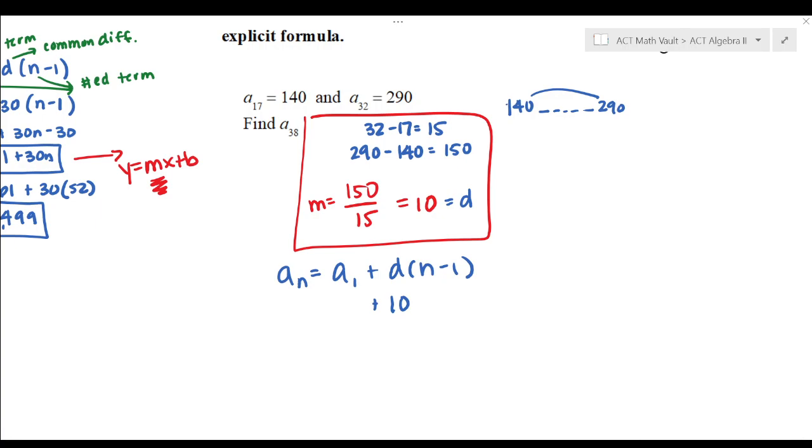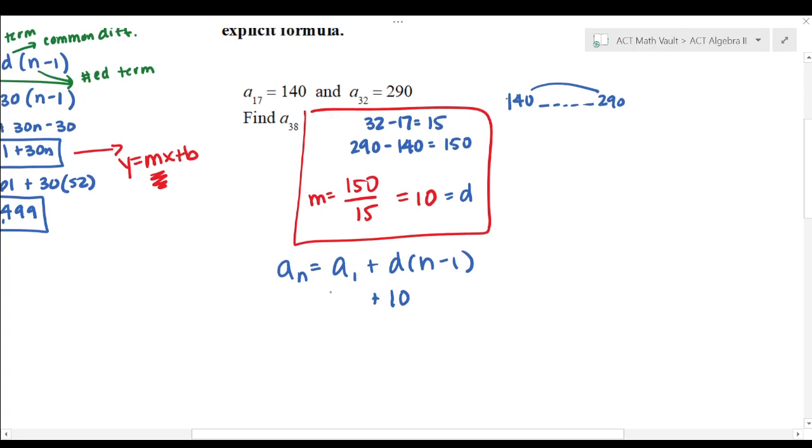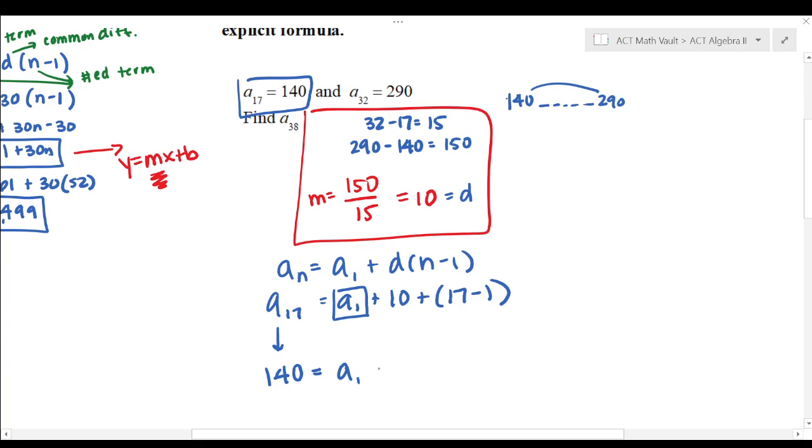So I'm going to plug the 10 in, and I don't know a sub 1. That's my question mark right now. But what I do know is that we could take, say, a sub 17 and plug it in, the 17th term. You remember how the n's match? If a sub 17 is 140, I can just plug 140 in here and ask, what is a sub 1?